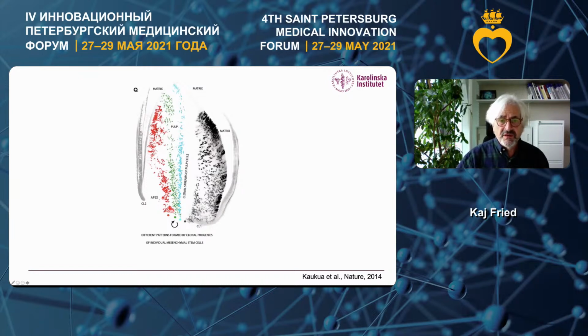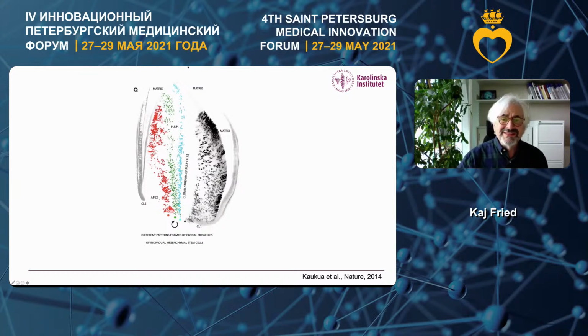So these ones that are red here, and these that are black or grayish here, they are close to the wall, and many of them will become these odontoblasts here, while these which are more or less in the middle here, they will eventually become only pulp cells, that is mesenchymal cells or connective tissue cells, and also those in green here.